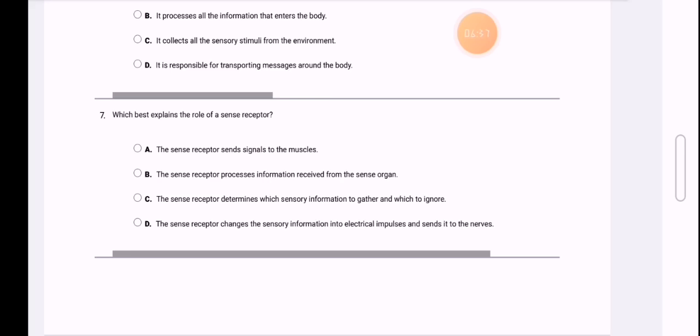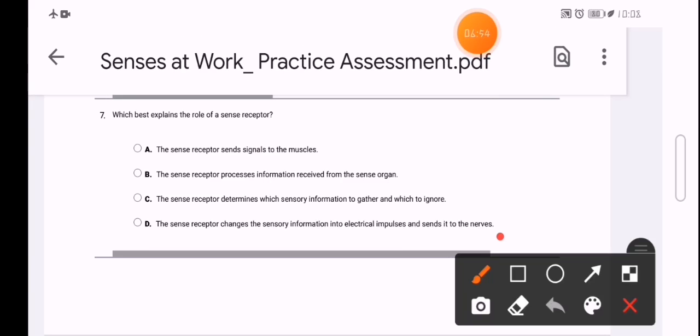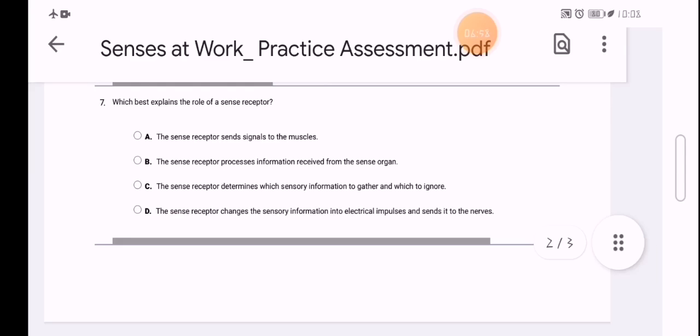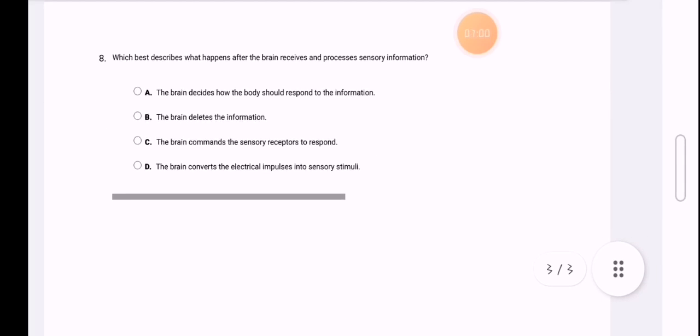No, the organ that processes information is our brain. The sensory receptor determines which sensory information to gather and which to ignore. Also no, the sensory receptor changes the sensory information into electrical impulses. It will be yes, to carry them to the brain through our spinal cord.